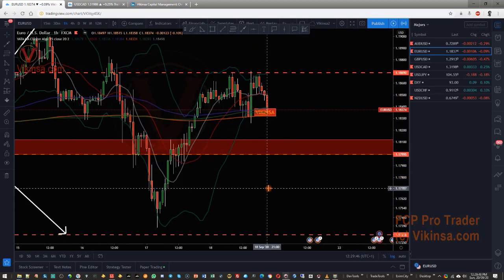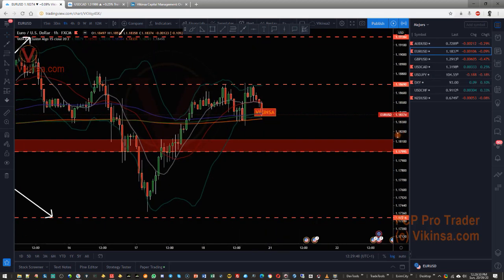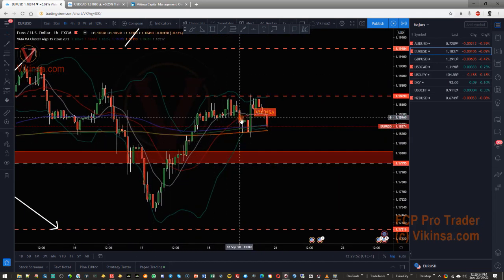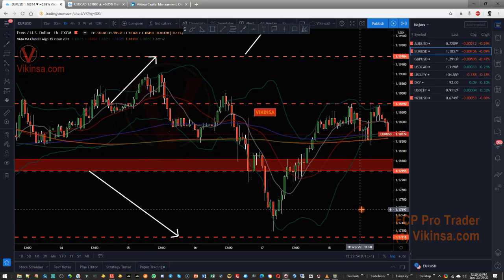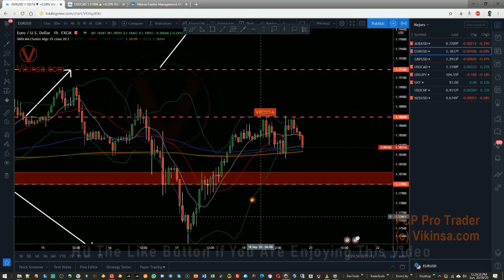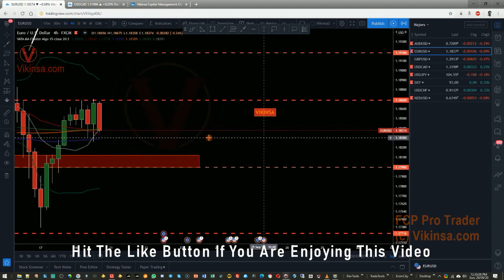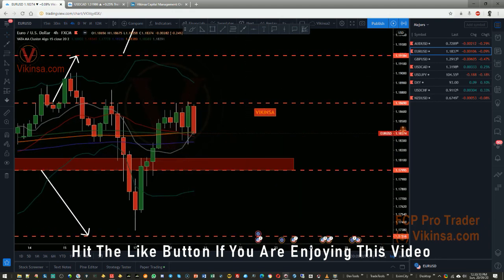So we should always be managing our risk, no matter how good the probabilities are in our favor. We can play all of these levels for trade trading and low time frame swing trading. If you want to run your trades for, let's say, a day or so, then these sort of opportunities are very good. Okay, so in terms of analysis, we do not have much at the moment.